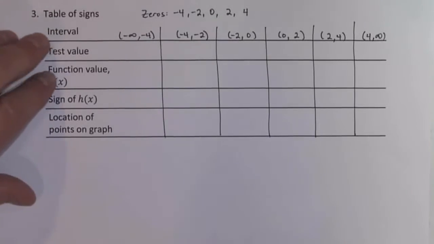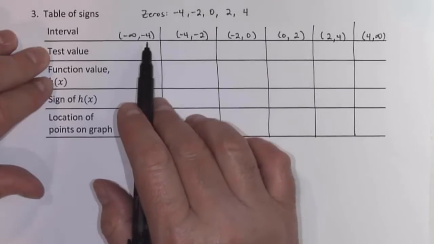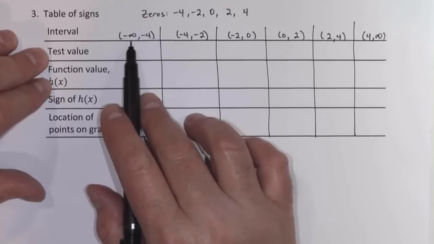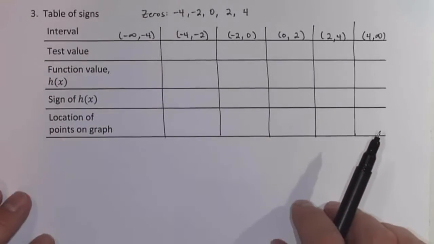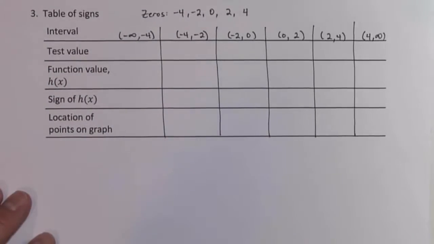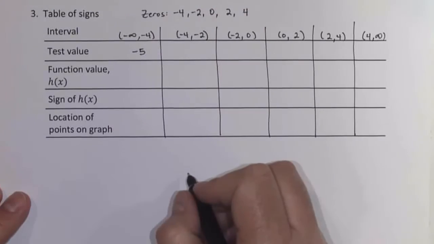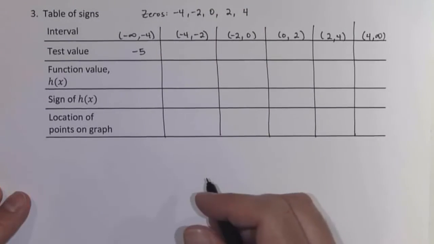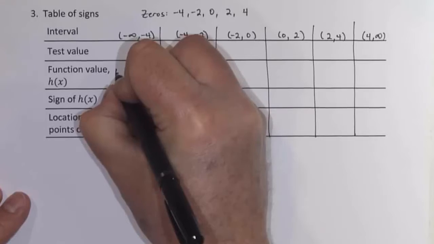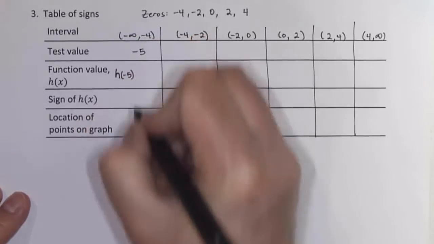So if we choose a test value for the interval negative infinity to negative 4, we can choose any value between negative infinity and negative 4. So, for example, negative 5 would be a good number in that interval. So we're going to find h of negative 5.